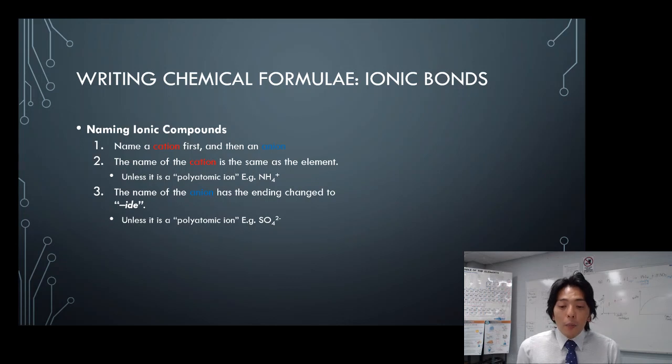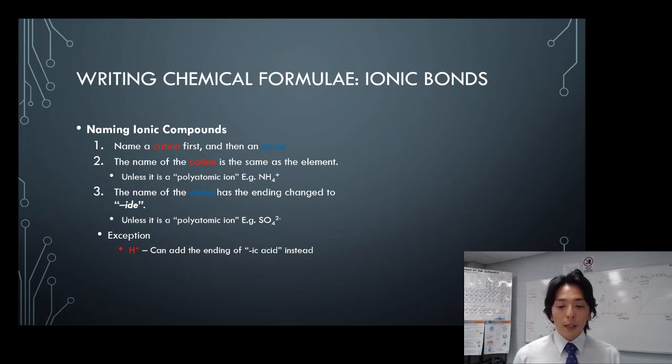Again, if you have a polyatomic ion such as SO4 2-, that is a group of ions and it always needs to be called sulfate ion. That never changes. So if you had ammonium and sulfate, you just call it ammonium sulfate.